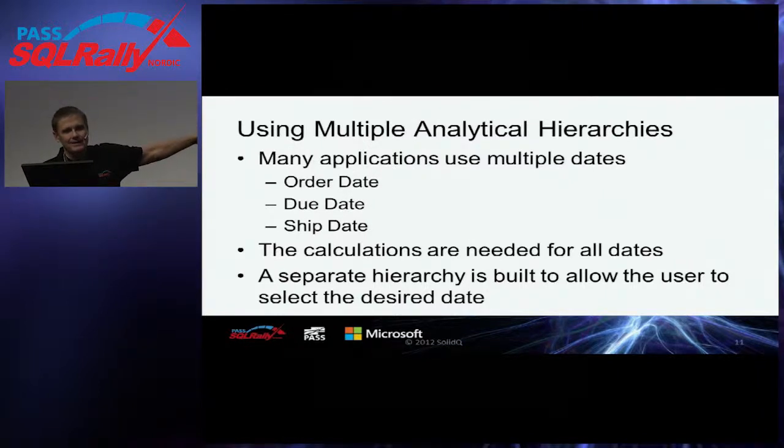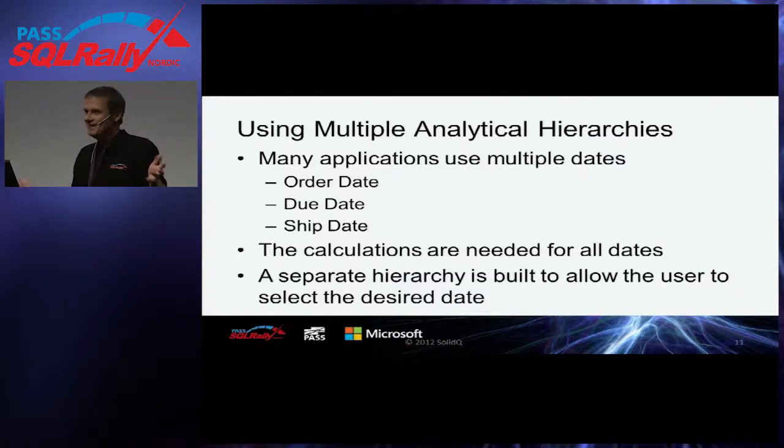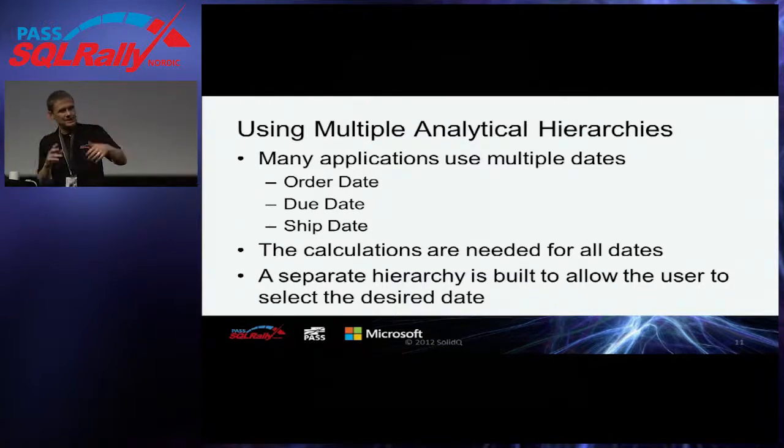The basic case of using multiple analytical hierarchies that I'm going to look at today is, let's say we had, well, how about a bicycle company? Let's say this bicycle company kept track of 3 dates: order date, due date, and ship date. If we were going to be doing these calculation hierarchies, which date should we use?